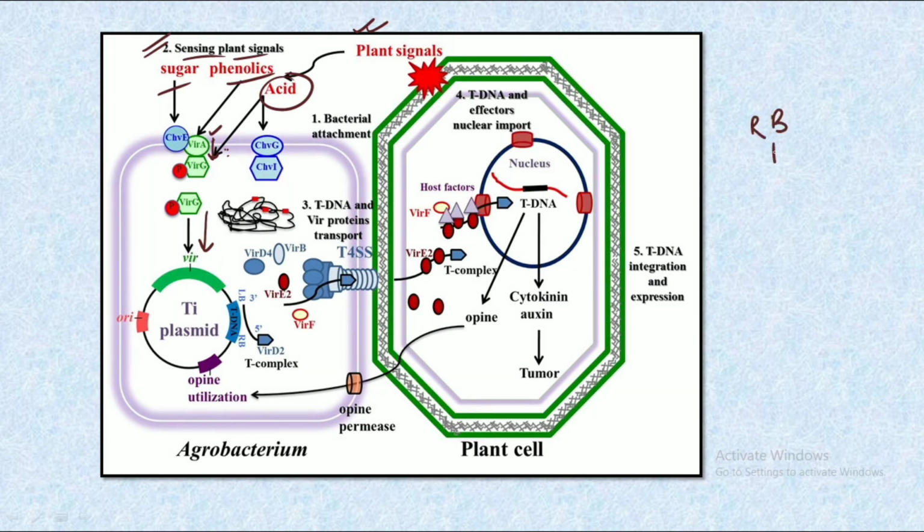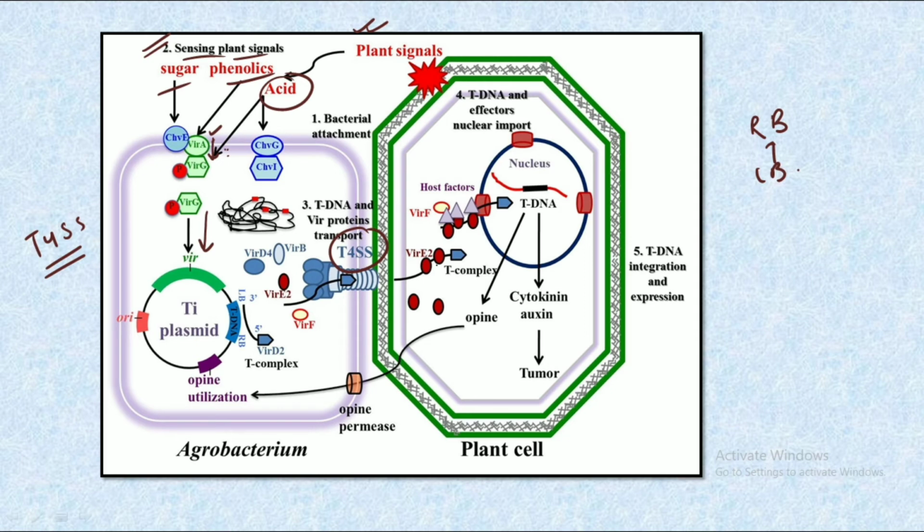Initially the right border enters the plant cell and then the left border. The entry into the plant cell occurs via a route which is formed by VIRB and VIRD4, and they form a T4SS, that is, a type 4 secretion system.